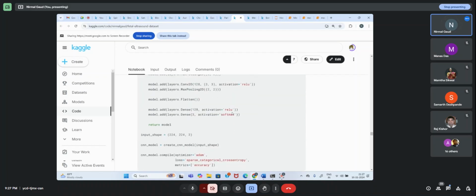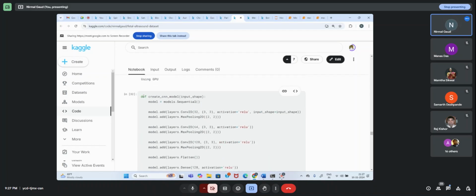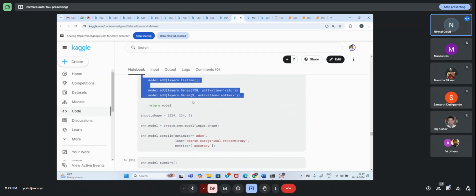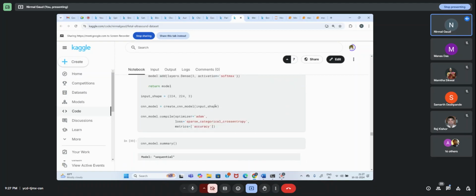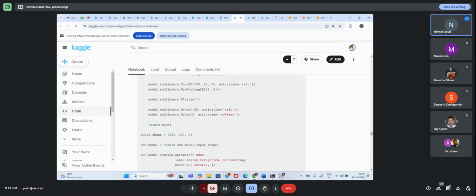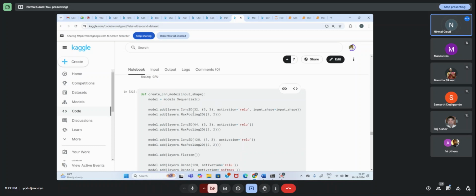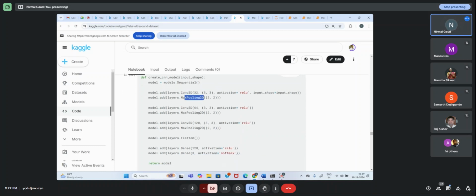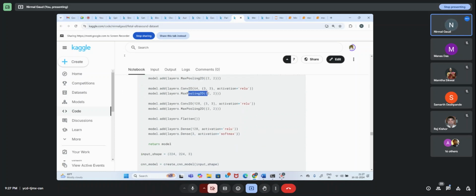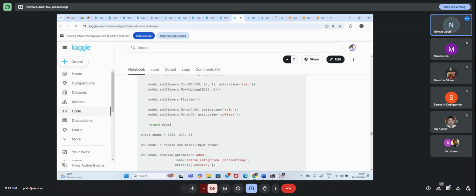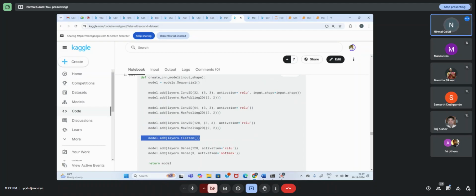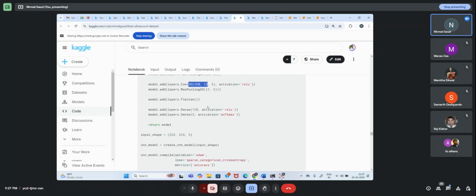Now, this architecture, which I created on my own, doesn't have any pre-trained model. See what I did? Very small architecture. CNN pooling, CNN pooling, CNN pooling, flatten. So only three convolutions with pooling: 32 filters, 64 filters, 128 filters, then flatten.